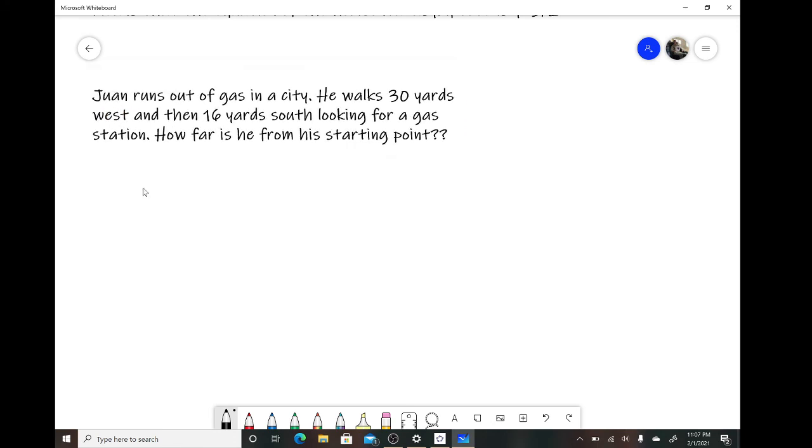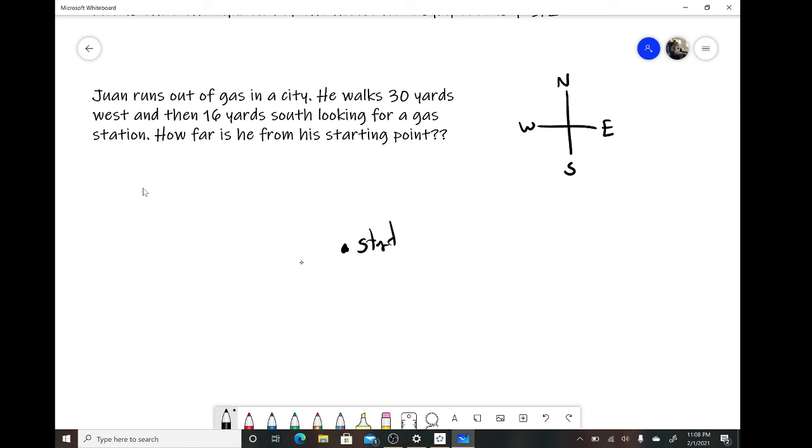Okay, so if we know our system of coordinates, we have north, east, south, and west, right? So he began, let's say, at some point here.